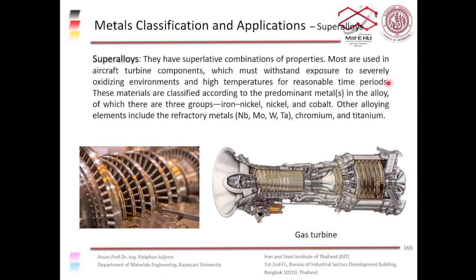These base materials can be modified by adding niobium, molybdenum, tungsten, tantalum. These metals are called refractory metals. They can withstand high temperature and have high melting points. When you add these metals to something else, you make them stronger at higher temperature. But these metals are expensive. You add chromium and titanium, which also improve their high temperature properties and their anti-oxidizing property as well.